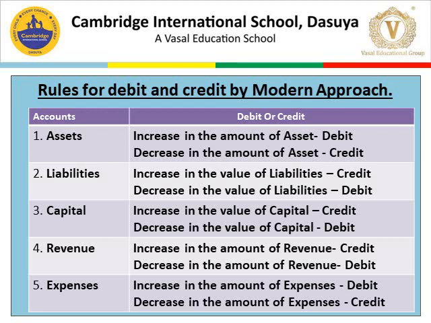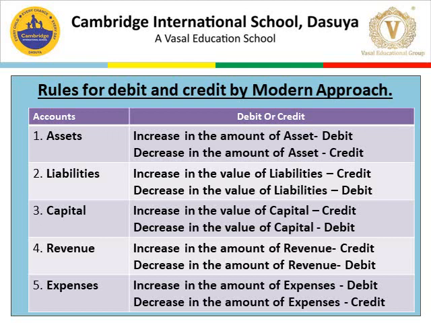Number one is assets. When assets are increased, they will be debited. When assets are decreased, they will be credited. Number two, liabilities. Increase in the value of liabilities, credit. Decrease in the value of liabilities, debit.